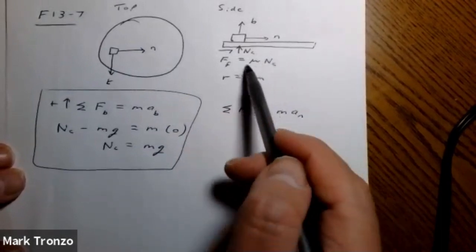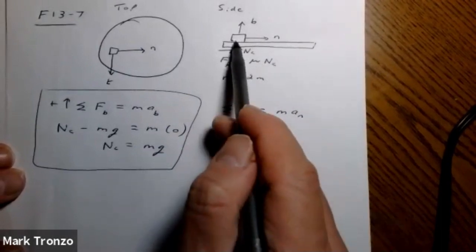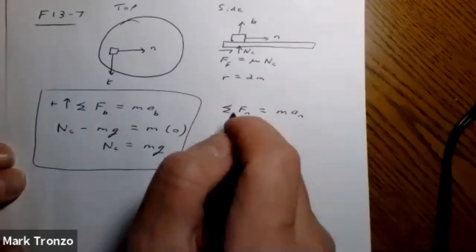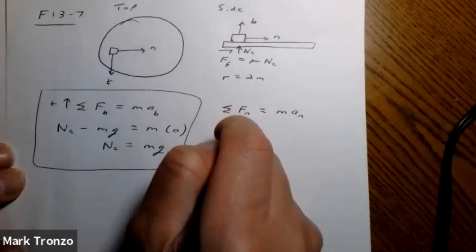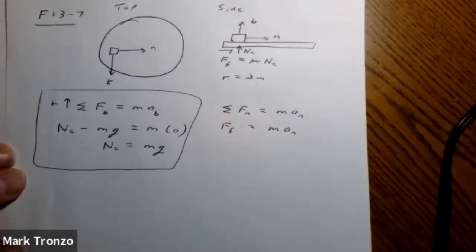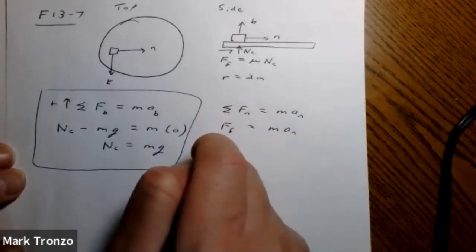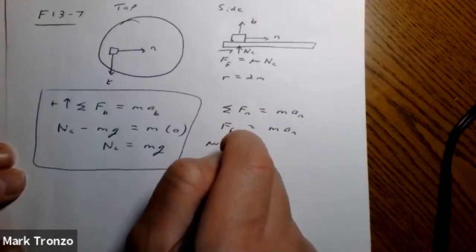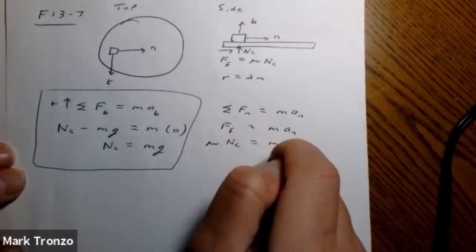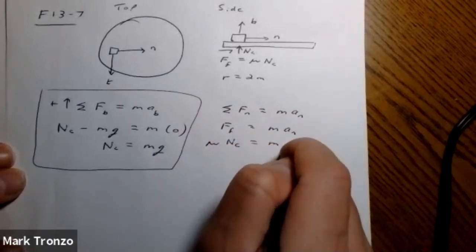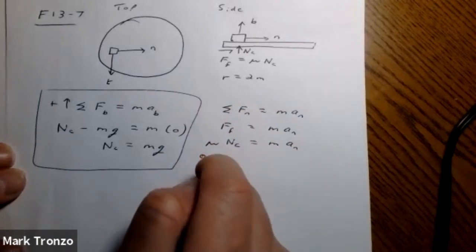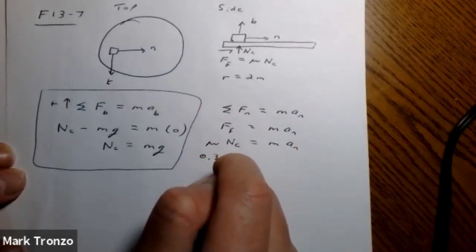And really the only force that we're going to have on this thing, it's just sitting on top of this disc, so the only force we're going to have is our friction force. And that's going to be mu times NC, equal to m a_n. And we're told mu is 0.3.